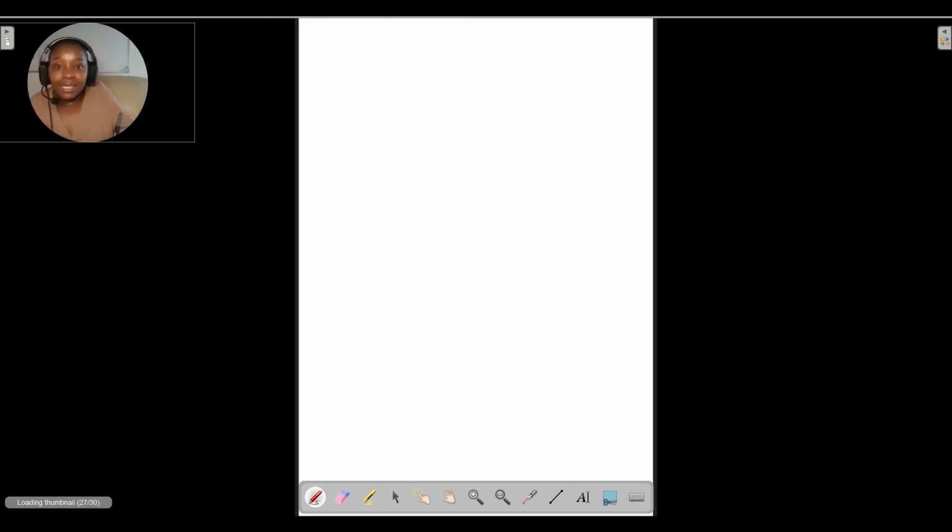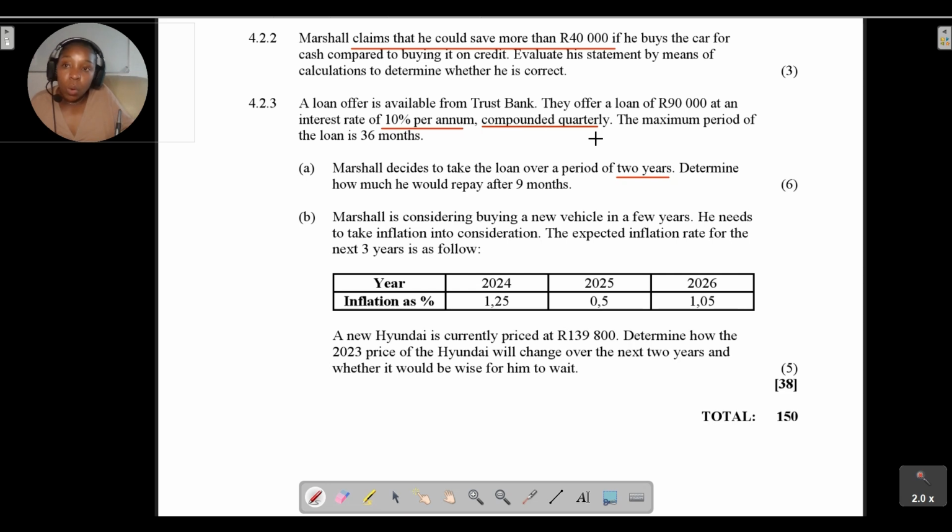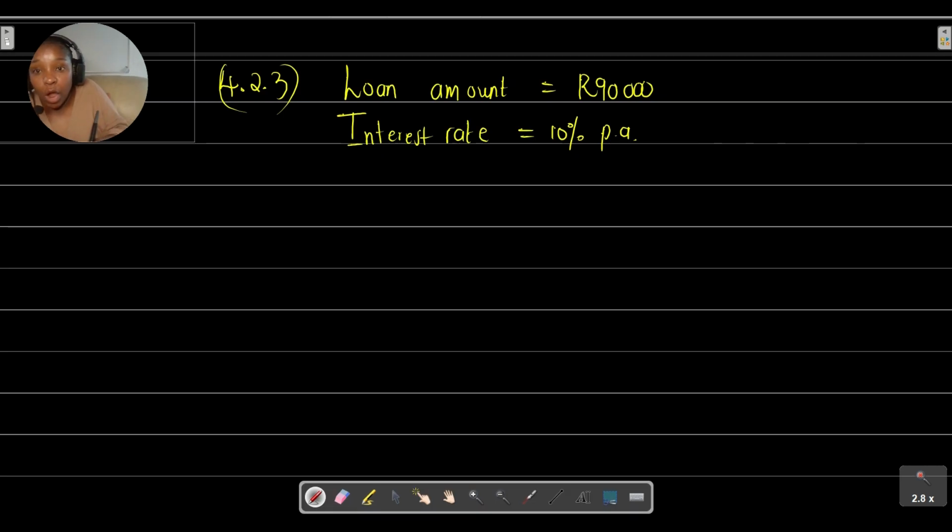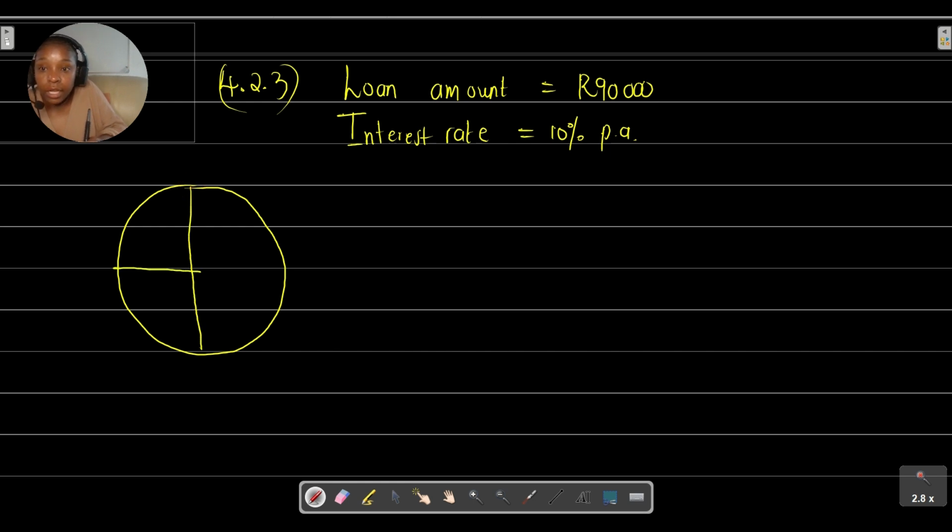But now, what does compounded quarterly mean? It means that interest gets charged on his loan amount every quarter. So how many quarters do we have in a year? I always use this to help my learners understand. I'm going to divide the circle into 4 quarters. And how many months do we have in each quarter?